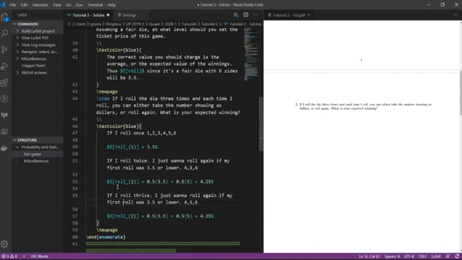I just want to roll again if my first two rolls were 4.25 or lower. So my next set is 5 or 6, right?